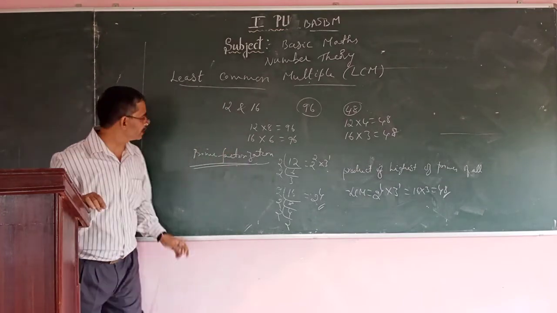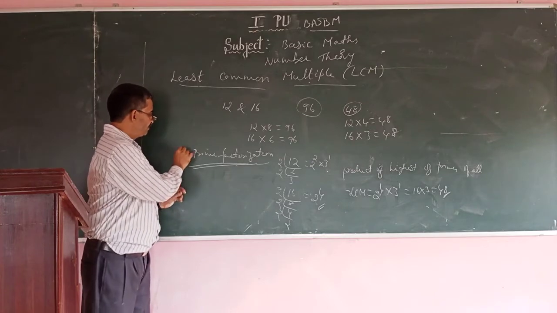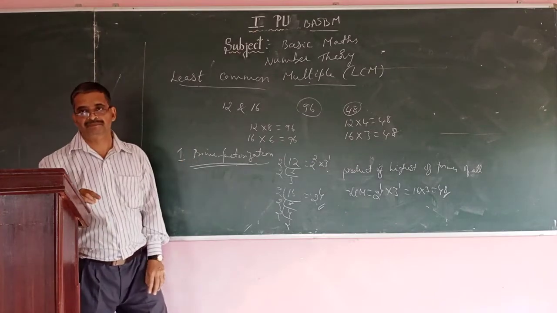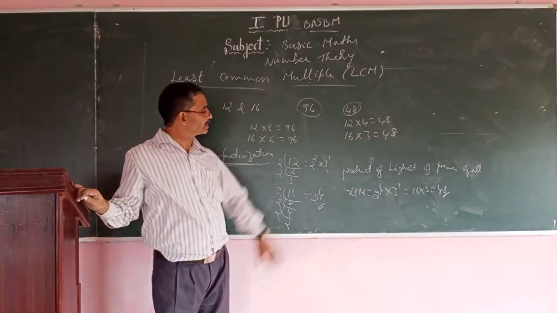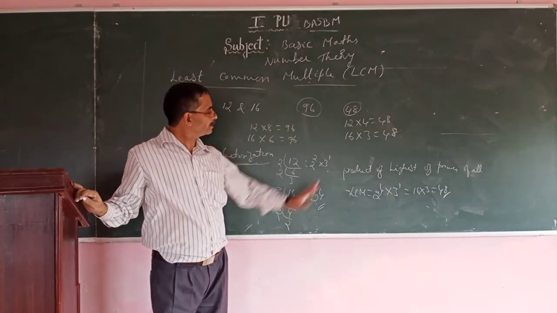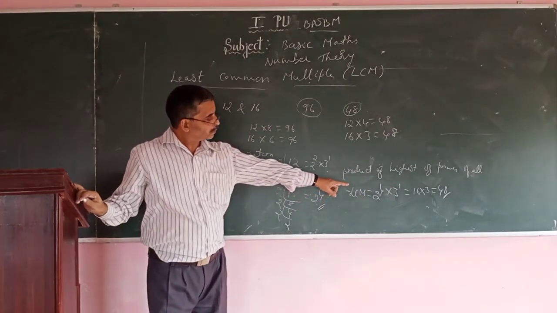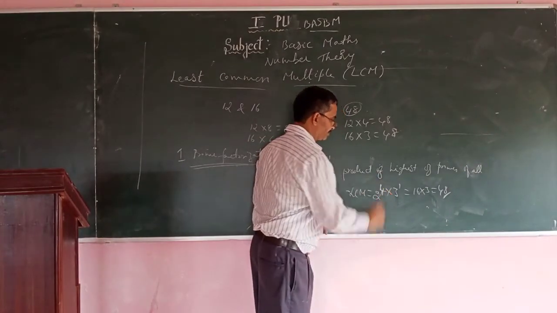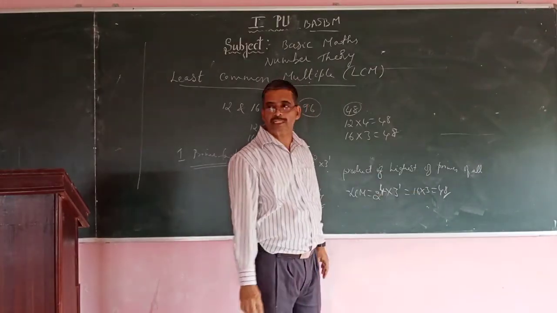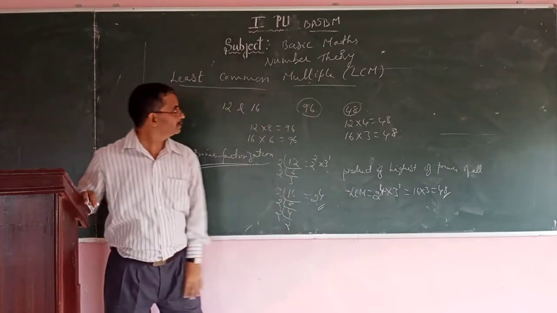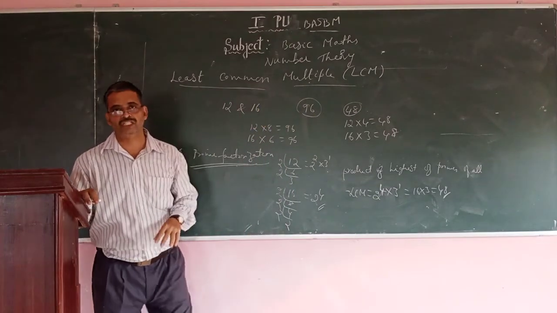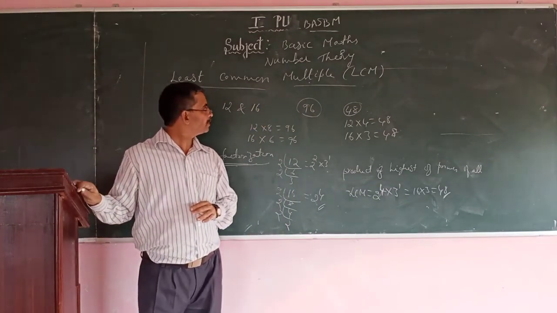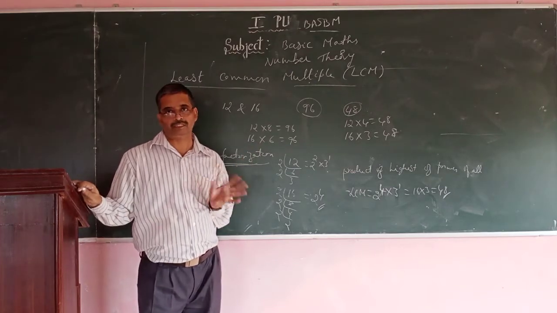This is the first method, called the prime factorization method. 48 is the LCM of 12 and 16.